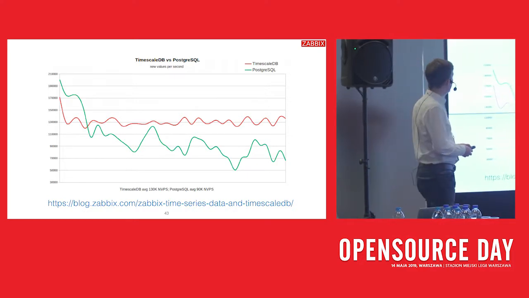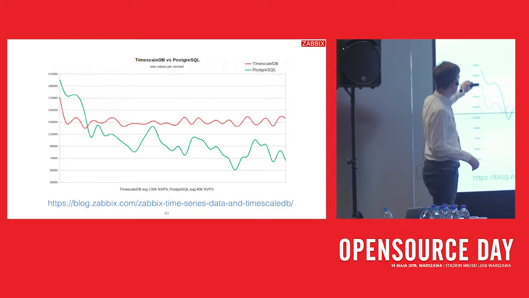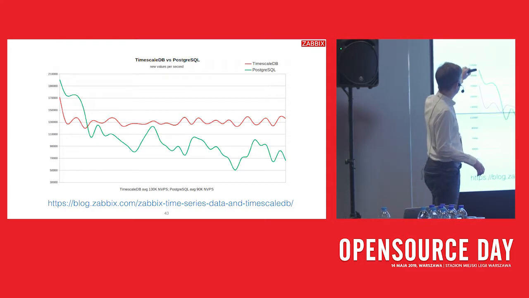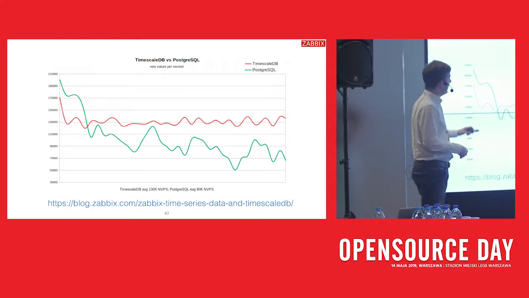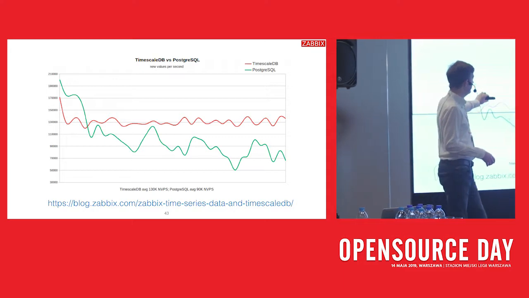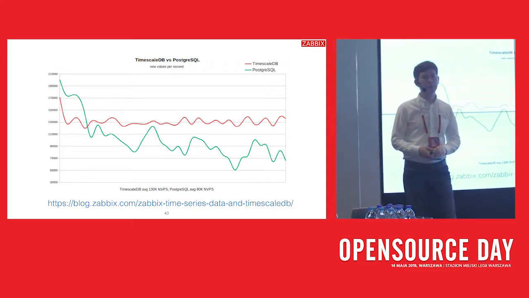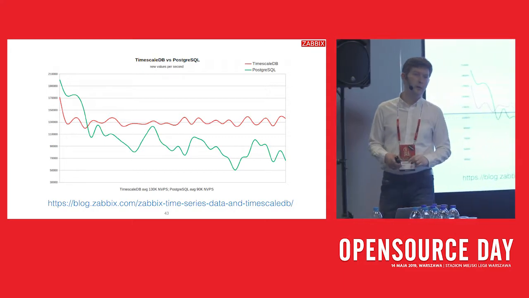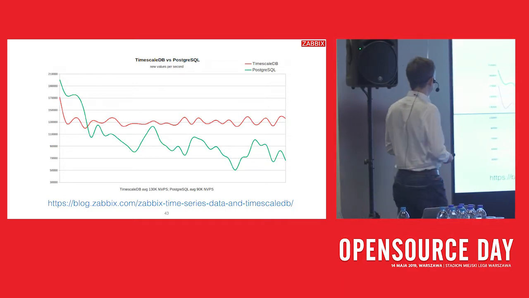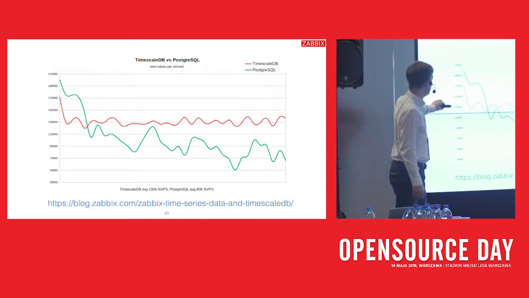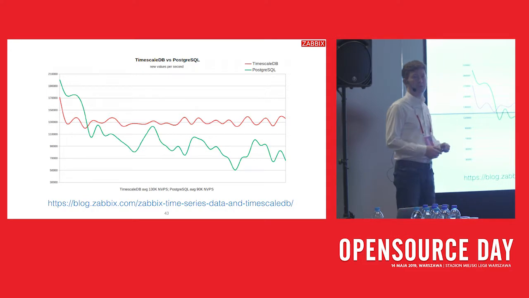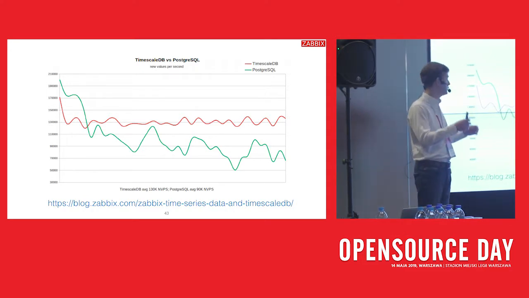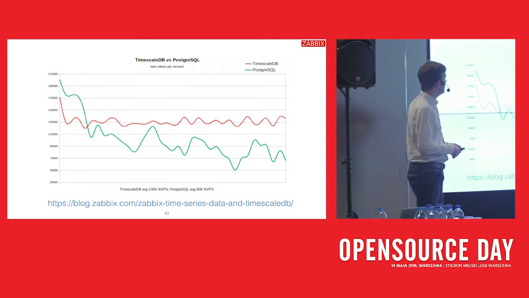But if we take timescaleDB, initial performance maybe is not that good, but as you can see, it delivers a very stable performance. Its average is about 130,000 values per second, which Zabbix pushes to timescaleDB.